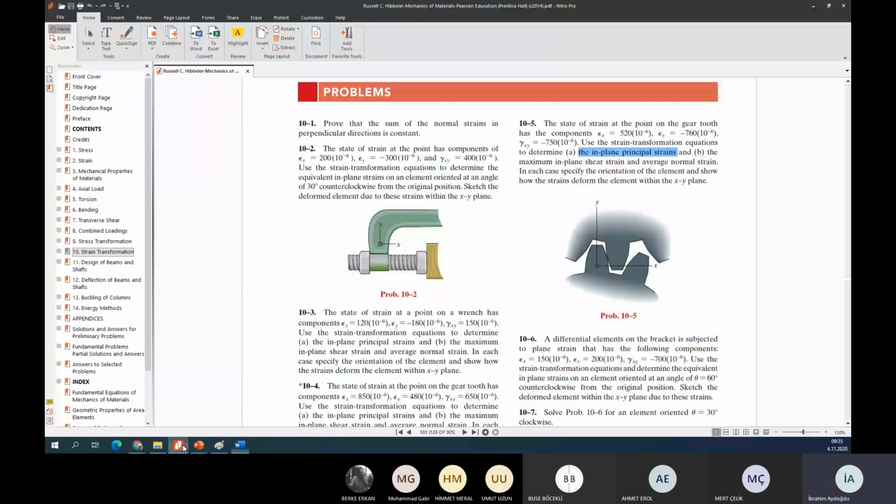So we find the in-plane principal strains, epsilon 1 and epsilon 2, and this is the maximum in-plane shear strain.